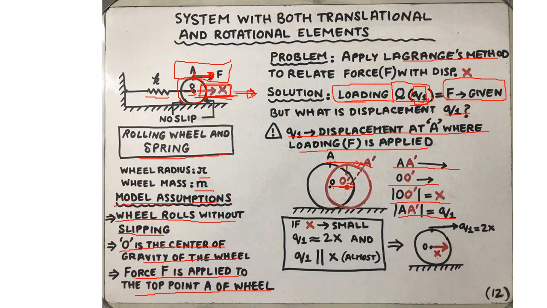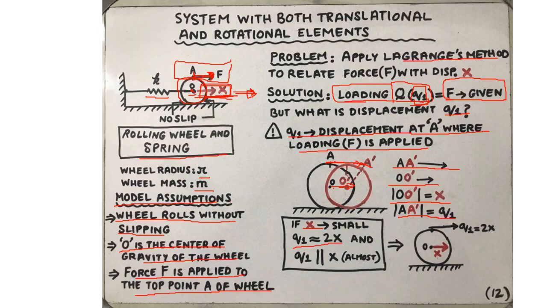Now if we understand the mechanism of a rolling wheel without slipping, it can be known that in a limit when x is a small value, a small displacement, or when x is taken as instantaneous displacement, then q1, that is the displacement at the top part of the wheel, is approximately twice the displacement at the center of the wheel.